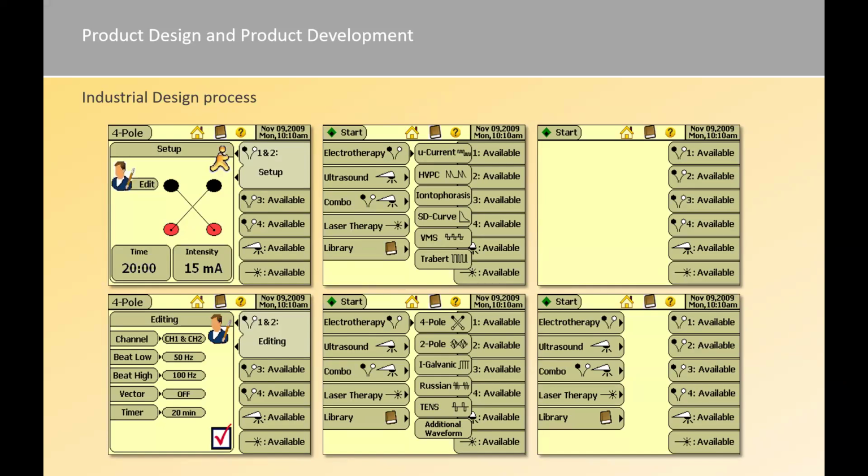The UI was developed considering the physiotherapist, because it was supposed to be used by the physiotherapist only, not by the patient. So there was a huge discussion and research involved with the physiotherapists, the people actually using this machine.